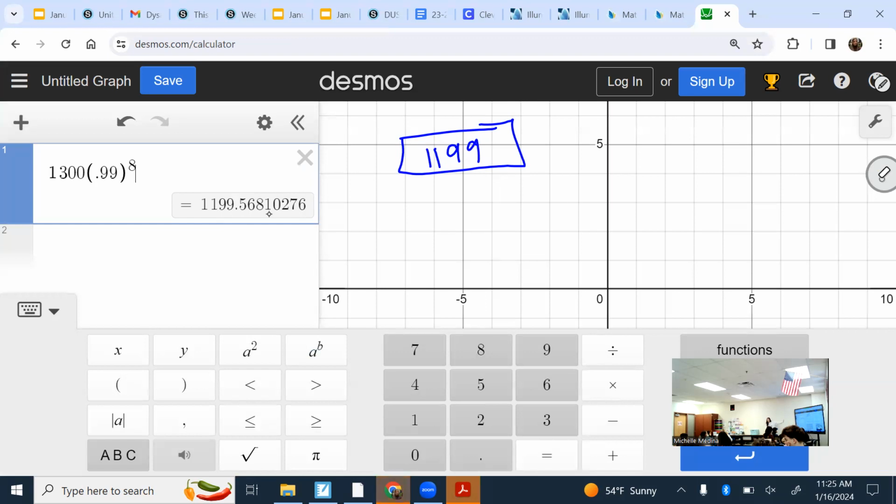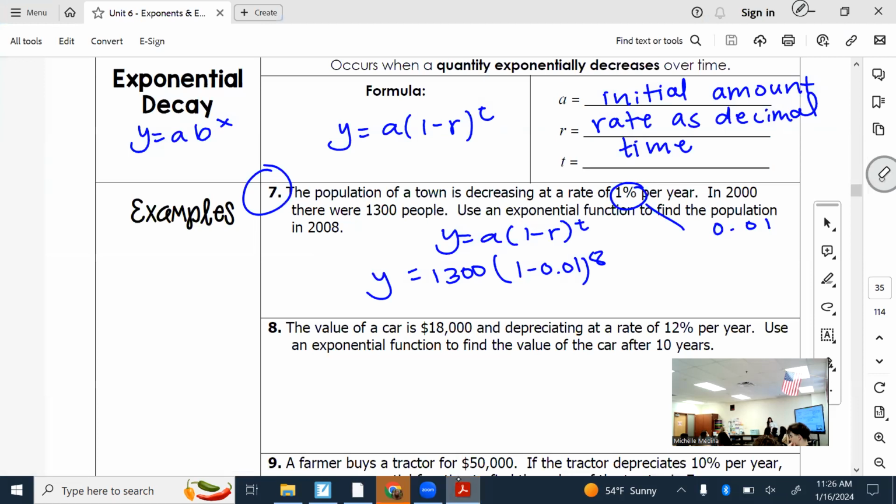Just cut it off at the decimal. It doesn't support having a whole other person, just 0.56 of a person, which you can't have. So you just stop at the decimal for that one. If it was money, what would we round to? Good, the hundredths, and if you don't know what that is, that's 2 decimal spots. But this one's people.